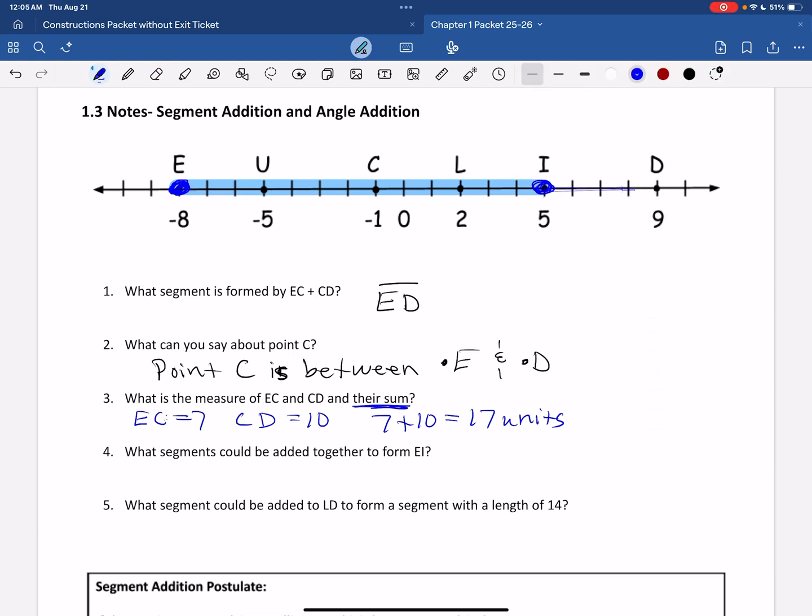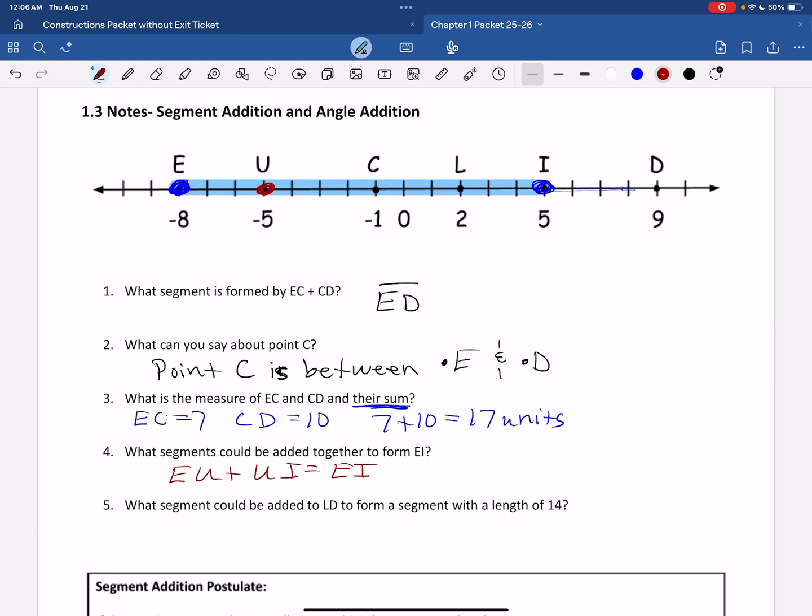So what we're going to do then is just choose a point in here. So let's say like U. So then we can say that segment EU plus UI is equal to segment EI.